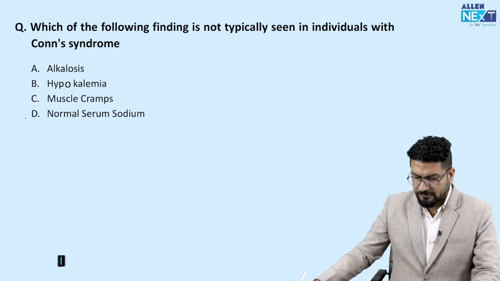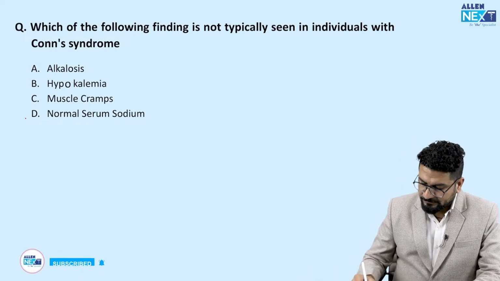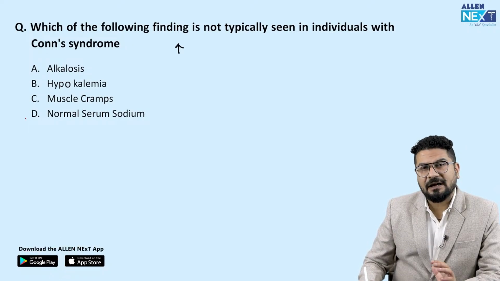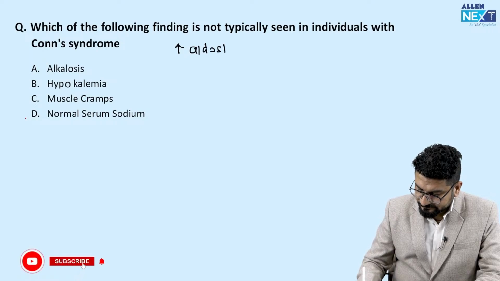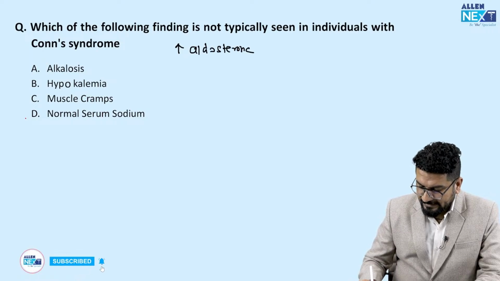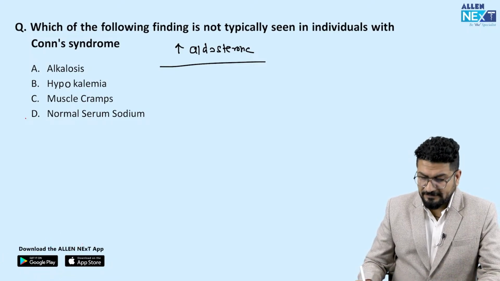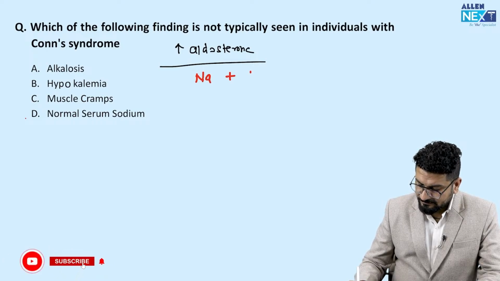Okay guys, coming to this question: which of the following is not typically seen in individuals with Conn syndrome? Conn syndrome is primary hyperaldosteronism. There is more aldosterone, which will lead to sodium and water retention.